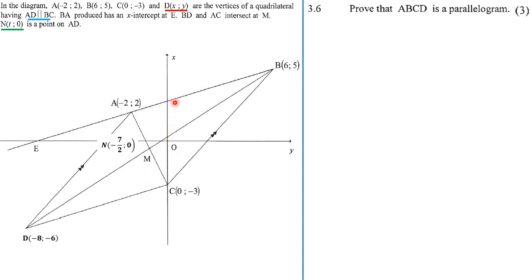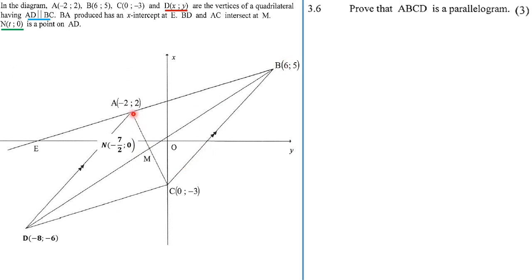Or if both pairs of opposite sides are parallel, then it means it's a parallelogram. So I will choose to prove that 2 opposite sides are parallel and equal, because we are already given that AD is parallel to BC. So if we can prove that AD is equal to BC, then this becomes a parallelogram.